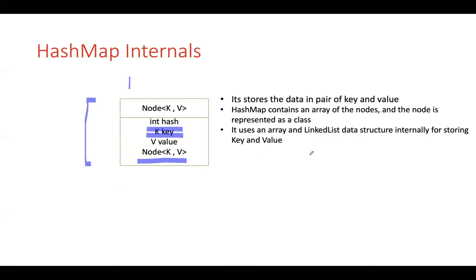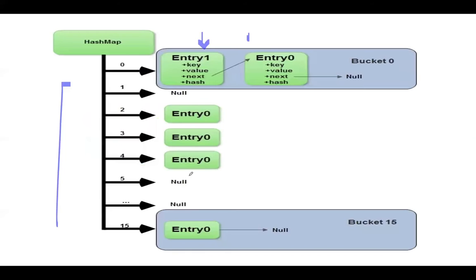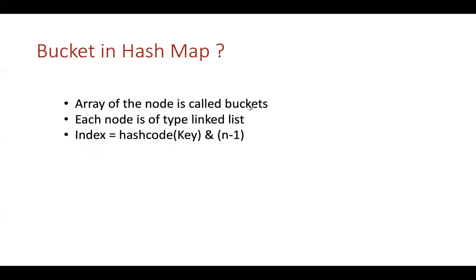It uses the array and linked list data structures internally for storing keys and values. See here, each node is linked with another node in the bucket. So a bucket is an array of nodes, each node of type linked list. The index is calculated out of this hashCode.